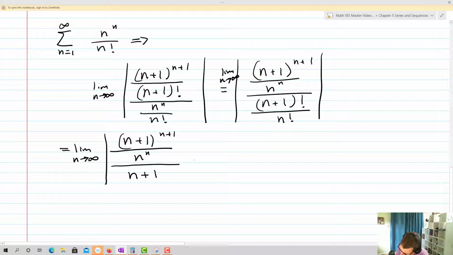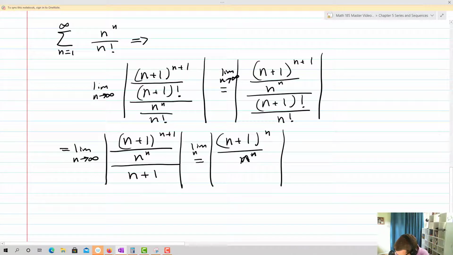And so this is then going to equal (n+1)^n divided by n^n, and we want to see what's going to happen with that as the limit as n approaches infinity, right? Because we're just going to divide out one n+1, so that takes away one of those.